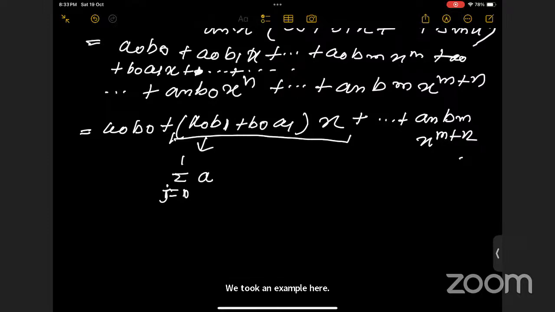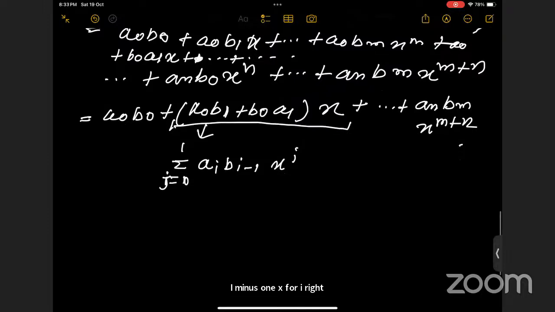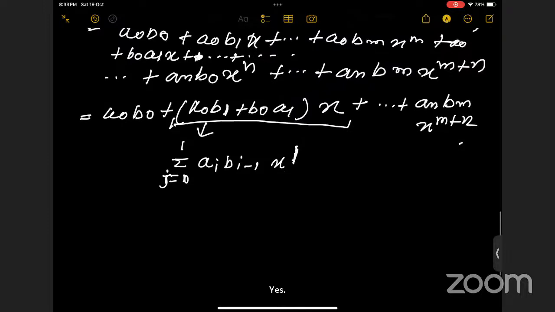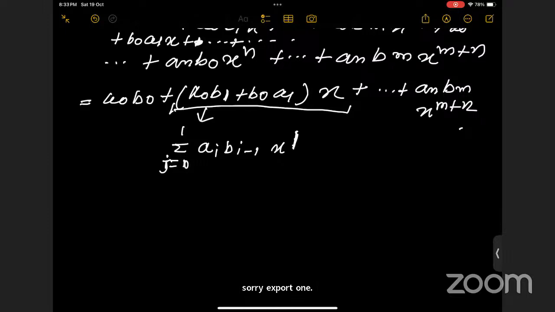Then summation of a_i b_(i-1) x^i, right? Yes, ma'am. So m plus n is only for the last term, this is the last term.